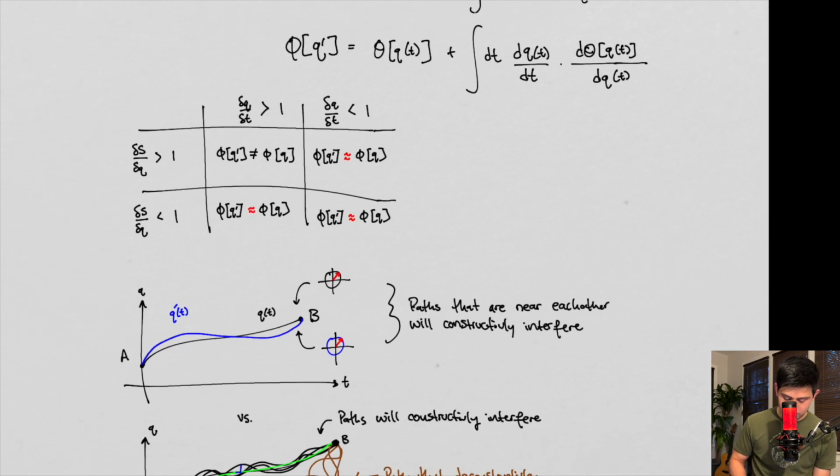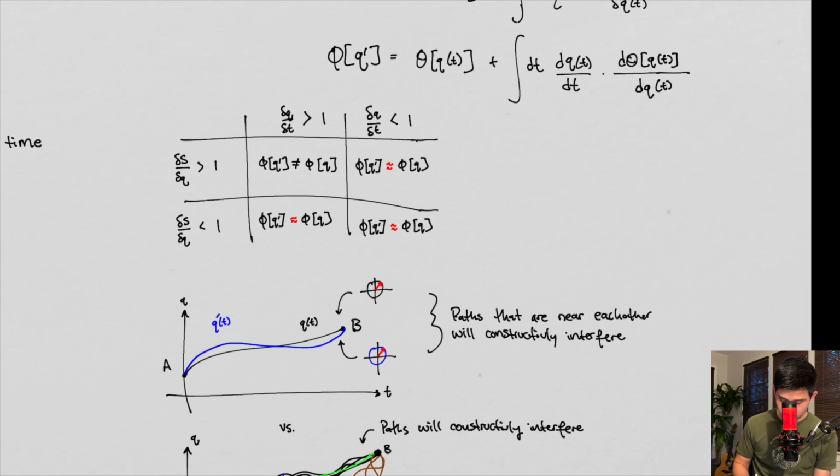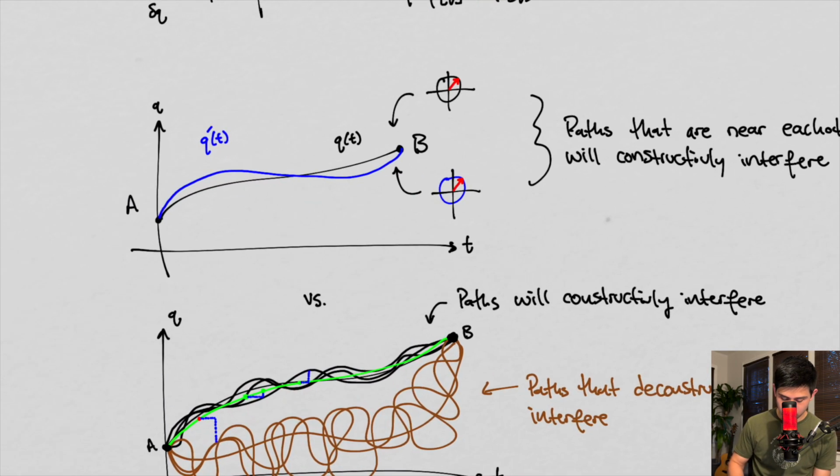So what does this all mean? If there's a small change, we can come to this picture right here. If there's a small change in Q, what we said is that these two guys would be essentially equal, that this term here is really small. So if there's a small change in Q from the original, then the actions don't change very much.